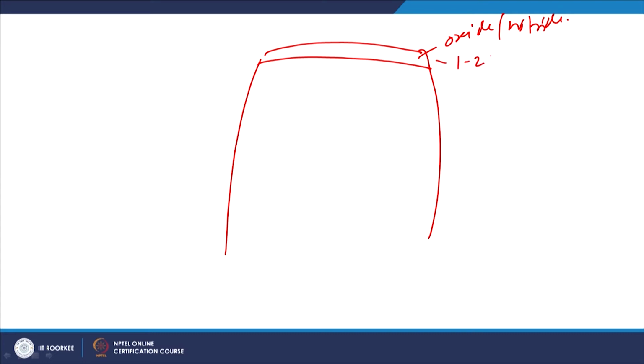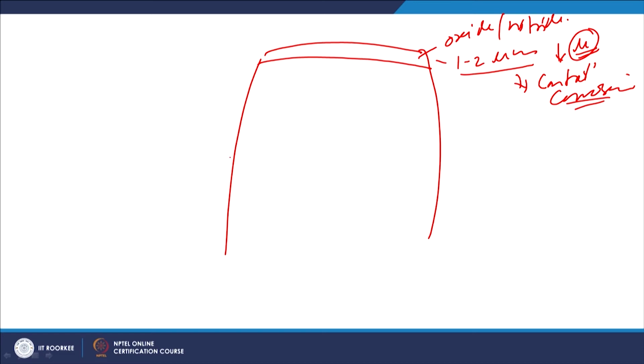This is of 1 to 2 micrometer thickness, and because of its high hardness it helps to reduce the friction coefficient, that is mu, and it also helps in improving corrosion resistance.